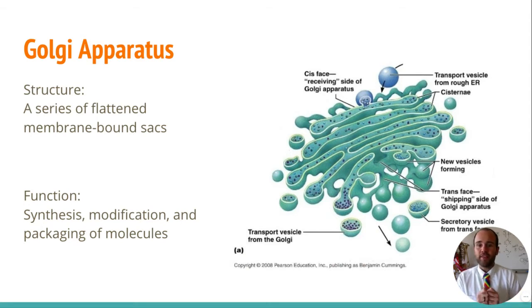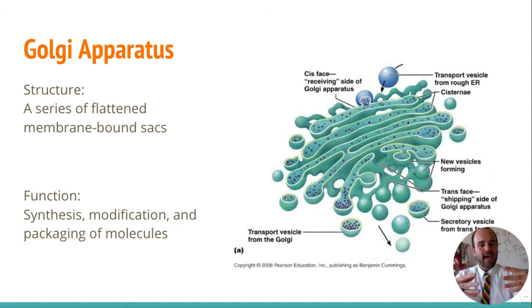Additionally, when things are shipped out of the ER, they're going to end up at something called the Golgi apparatus, also known as the Golgi body, or you may even hear of it as the Golgi complex. And this is going to be a series of flattened membrane-bound sacs. So what do I mean by that?